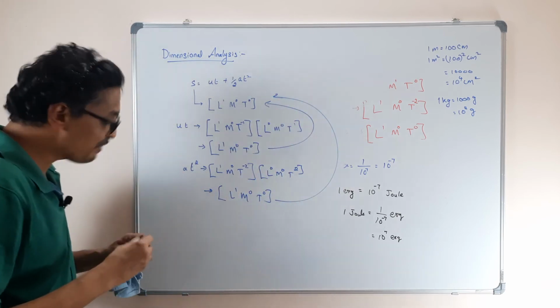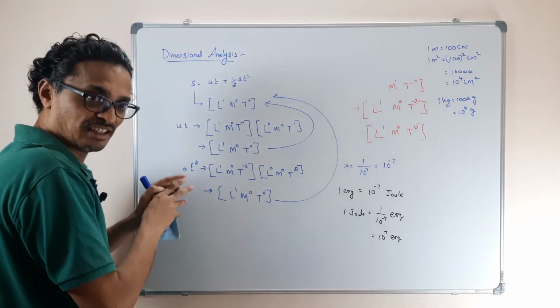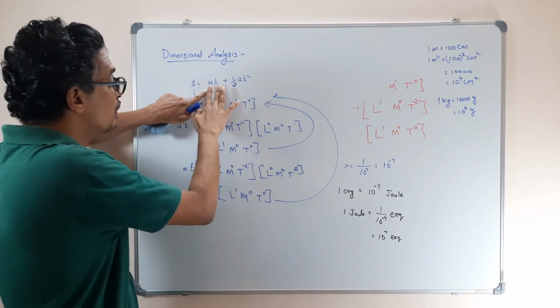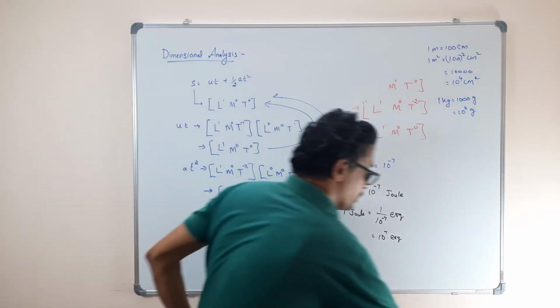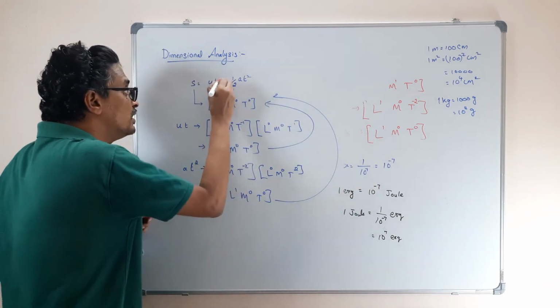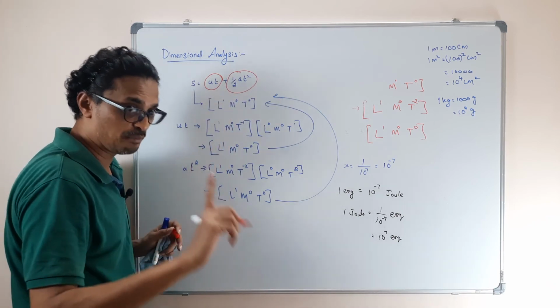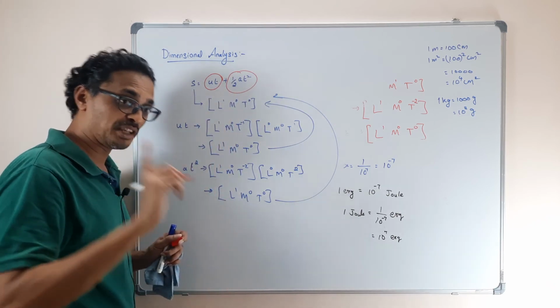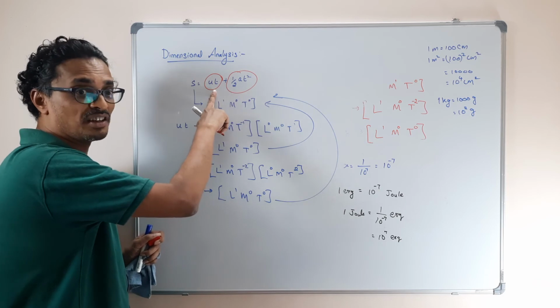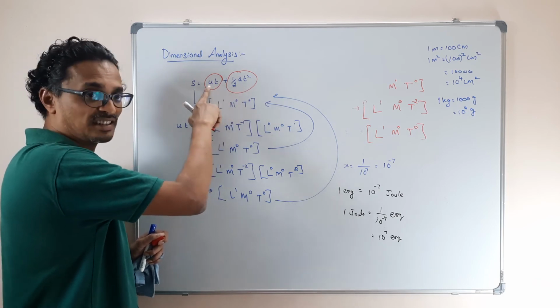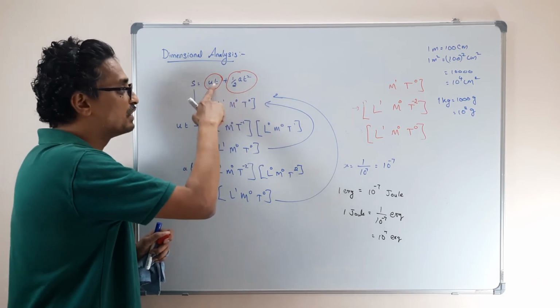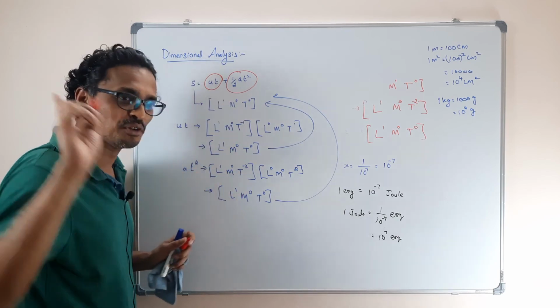So when you have addition of these equations, both the terms individually should have the same dimension. That's one of the important tests. Whenever you are doing any equation, if you have any two quantities adding and these two quantities have a different dimension, surely you are making some mistake somewhere.